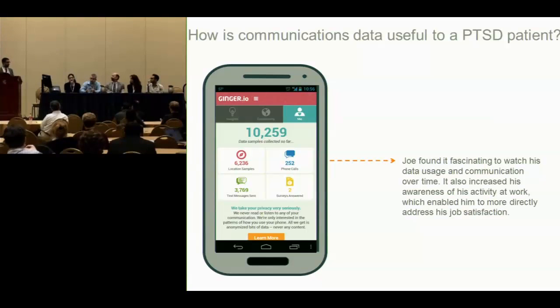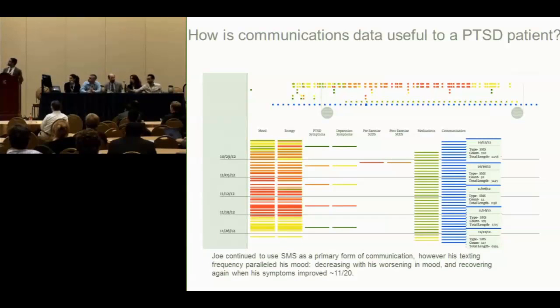We could see from the Ginger.io data that Brian texts quite a lot, but that he doesn't tend to answer phone calls or make phone calls, and that may be consistent with the trend in younger people anyway, but it was more extreme than that, and it gave us an opportunity to talk about keeping people at arm's length.